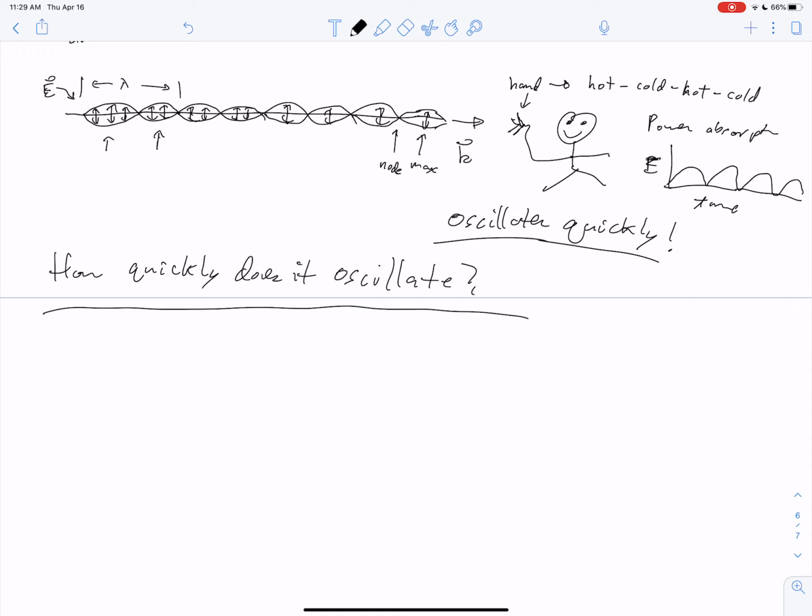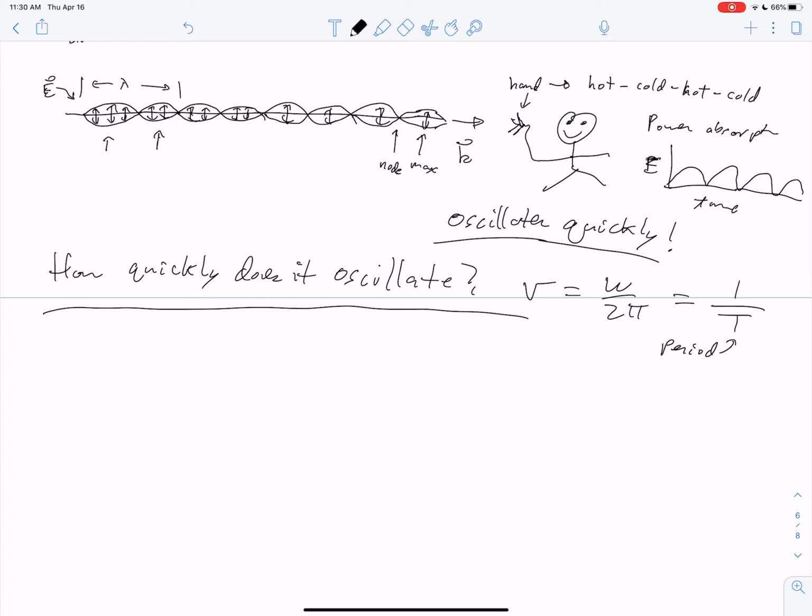Well, that's a good question. We should just consider it for a moment. I think you guys know the answer. It's just the frequency. It oscillates with the frequency of light. A frequency is equal to omega over 2 pi, which is equal to 1 over the period. And so that's how quickly it oscillates. That's the frequency, how many times per second.